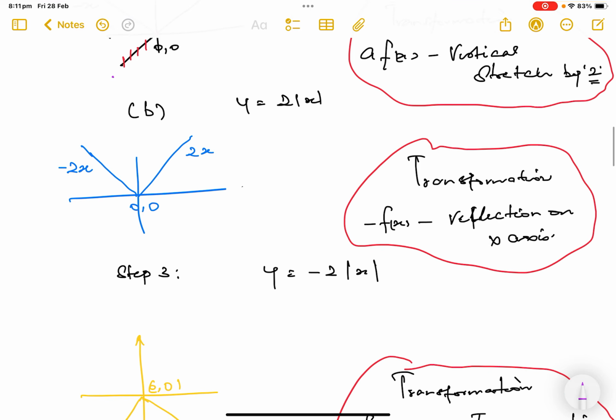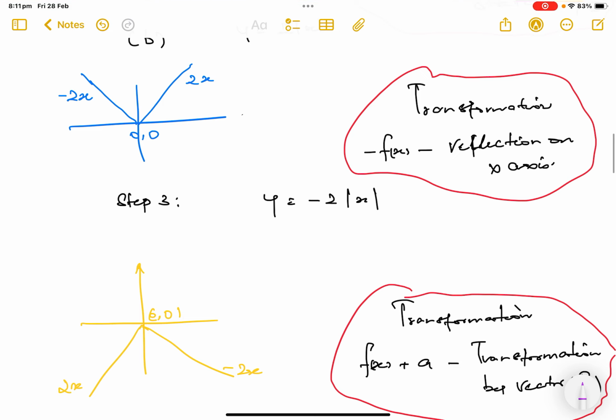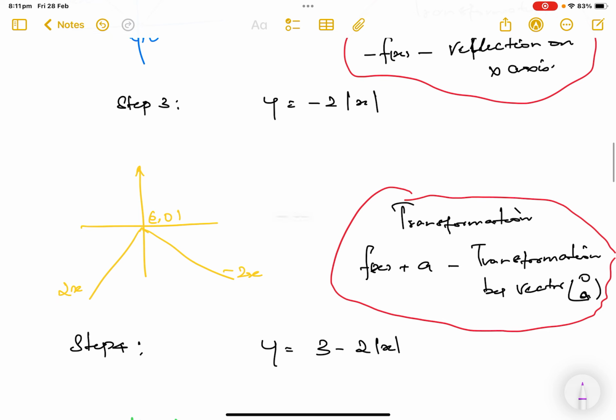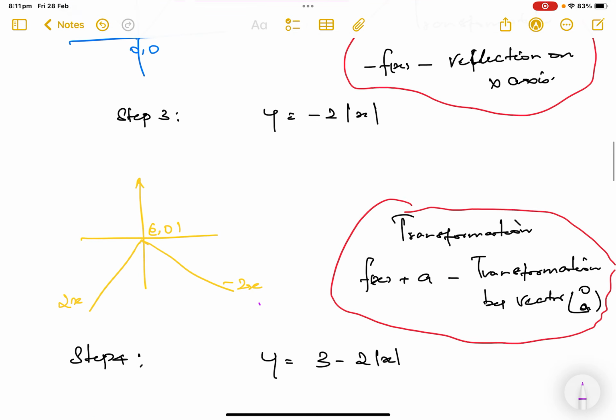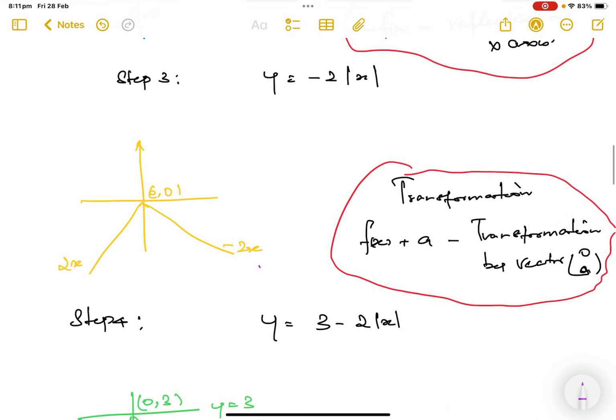We have minus. So minus f(x) means it's simply a reflection on the x-axis. So what we have here on step 2, step 3 is just a reflection on the x-axis. So 2x becomes minus 2x, minus 2x becomes positive 2x.